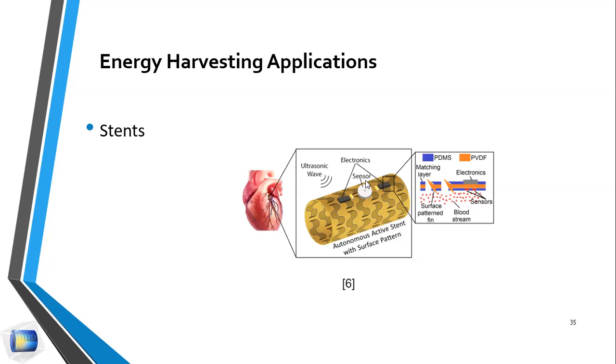But this sensor needs energy, and we can provide it by ultrasonic wave. And like what I said at the first of the presentation, the PVDF is a good choice for use within the body because it's biocompatible.